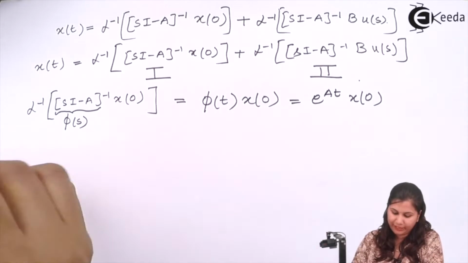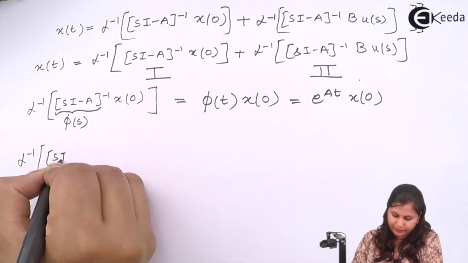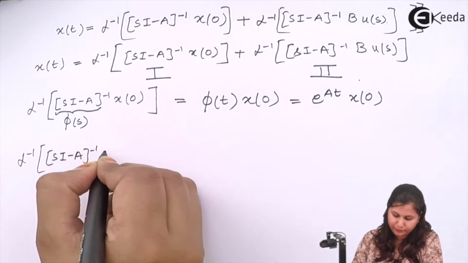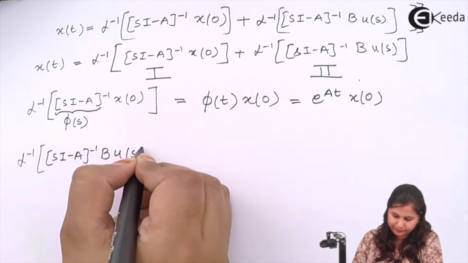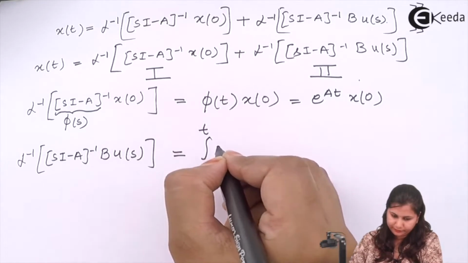Now for the second part we have (sI minus A) inverse B U(s). So it will be integral from 0 to t.